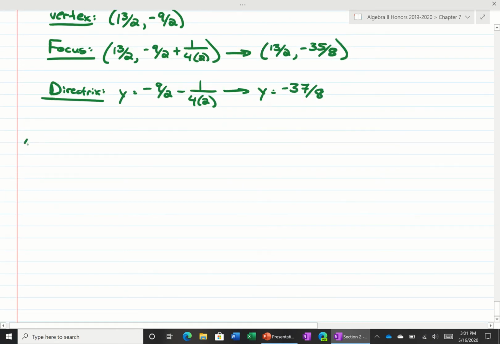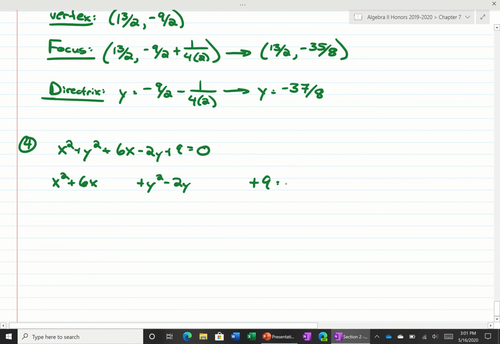For circles, if we have the equation x squared plus y squared plus 6x minus 2y plus 9 equals 0, we can have x squared plus 6x plus y squared minus 2y. Half of 6 is 3, 3 squared is 9.